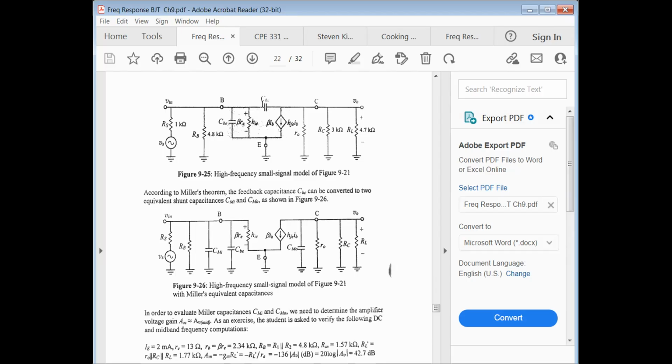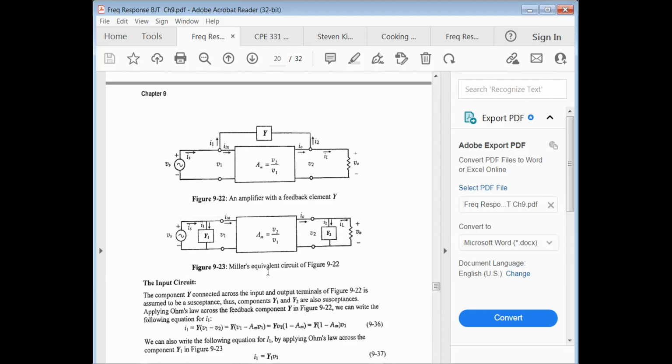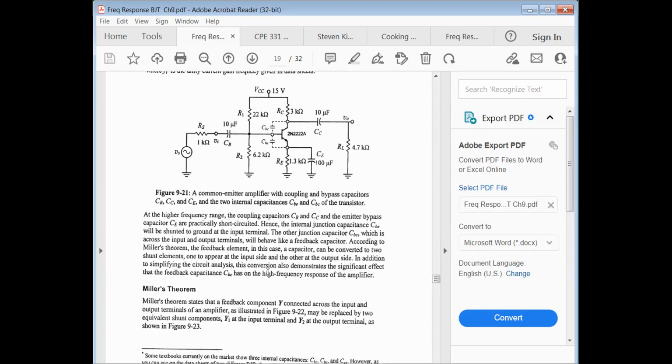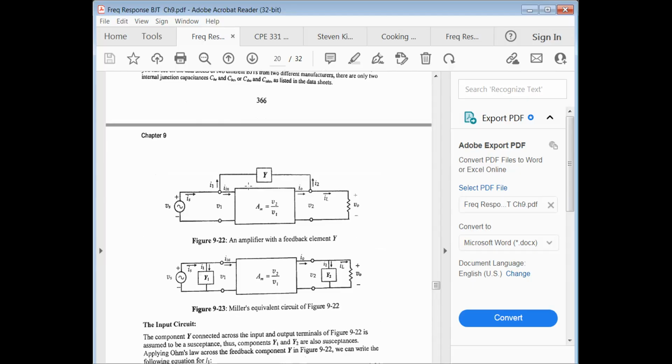What we actually do is take this capacitor and split it into two pieces: how it loads the input, C sub MI, and how it affects the output, C sub MO. All of the rest of this is the same as before as far as the small signal model goes. So let me go back and walk through a little of this math for what's called Miller's theorem. Miller's theorem basically says you have a circuit that looks like this.